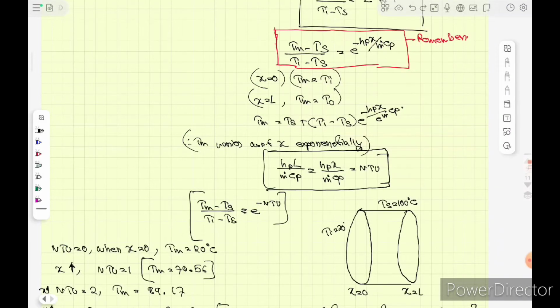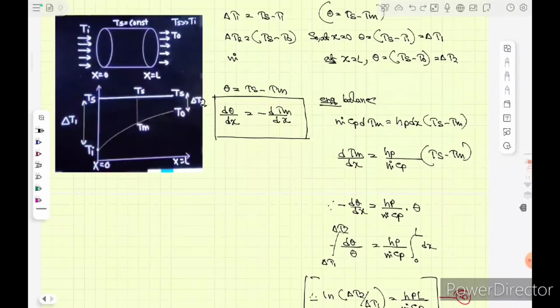And then what is NTU we are taking? NTU is hPx by m dot Cp. So dT by dx equal to hPx by this thing is what we call NTU.